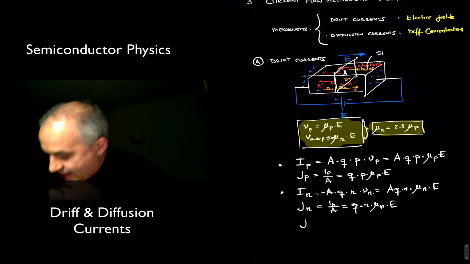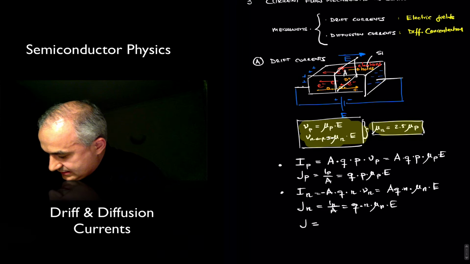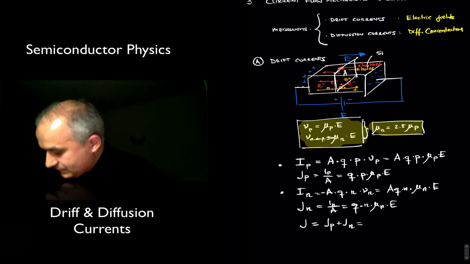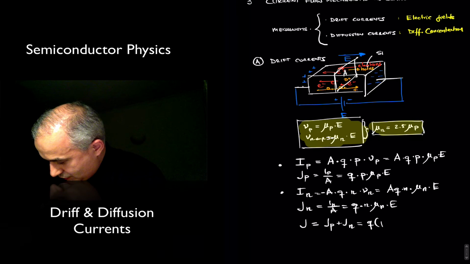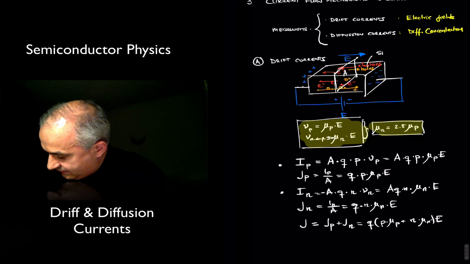And therefore the current due to drift, the drift current, is the sum of the two, the current due to the holes plus the current due to the electrons, which is Q times the charge, concentration of holes, mobility of holes, plus concentration of electrons times mobility of electrons, times electric field.